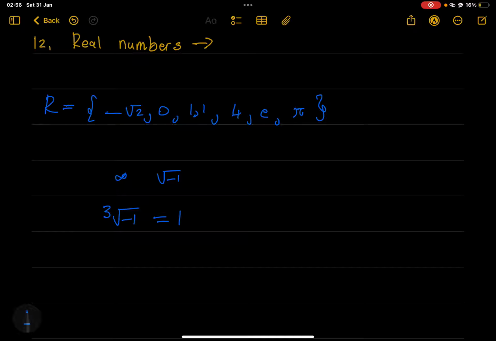That thing is a real number. So don't confuse those things and say that anything which has a negative is not a real number. Understand? You must know those things.